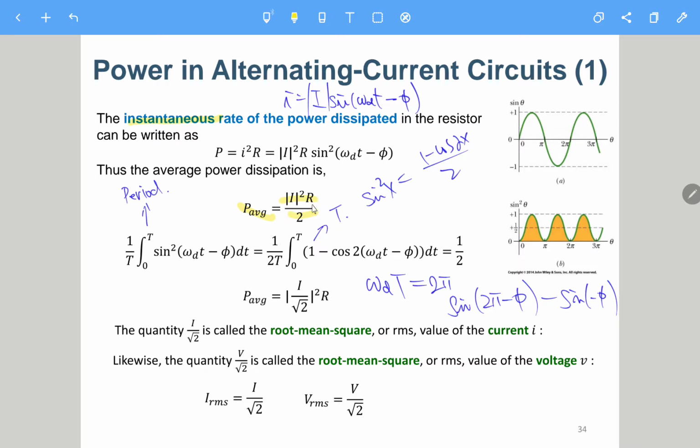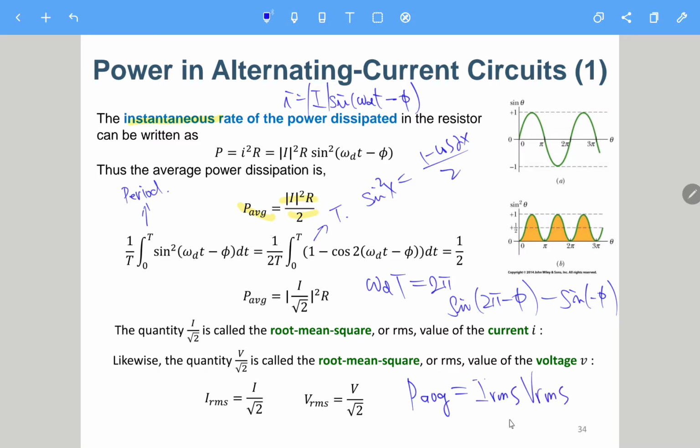Because for this one we have an additional 2 here, but when we consider the sinusoidal wave and calculate their power, we usually use the root mean square value, and in that case it becomes P average equals I root mean square times V root mean square.